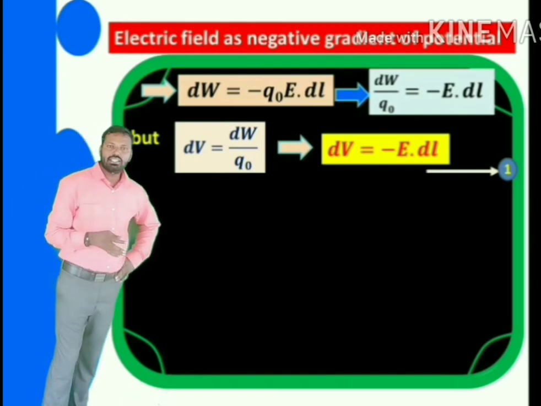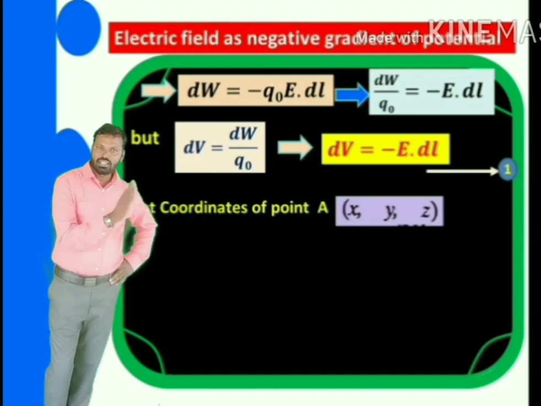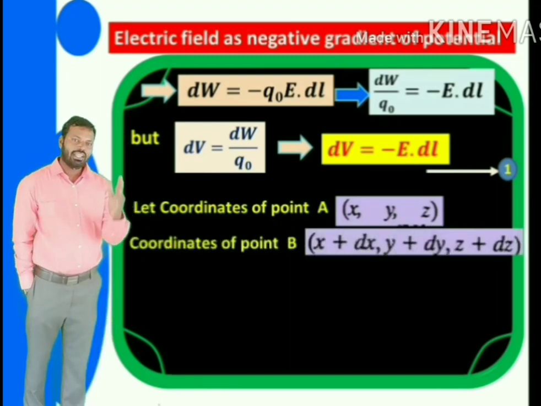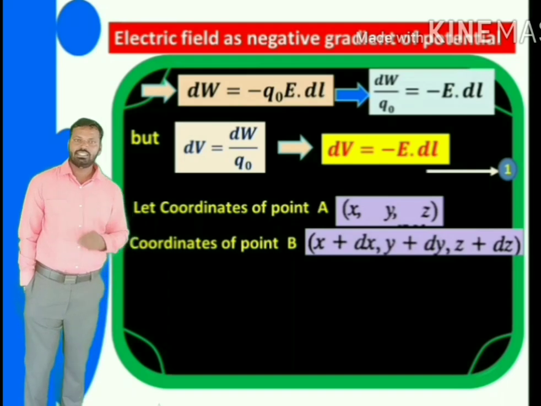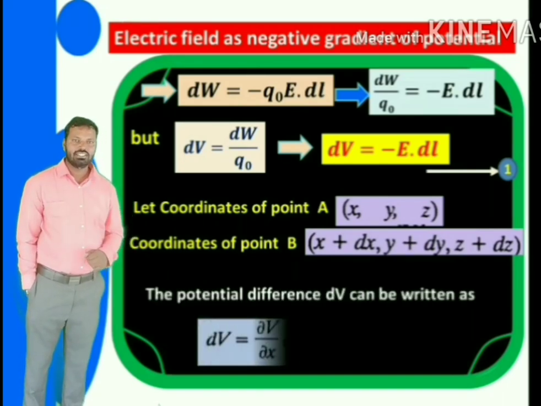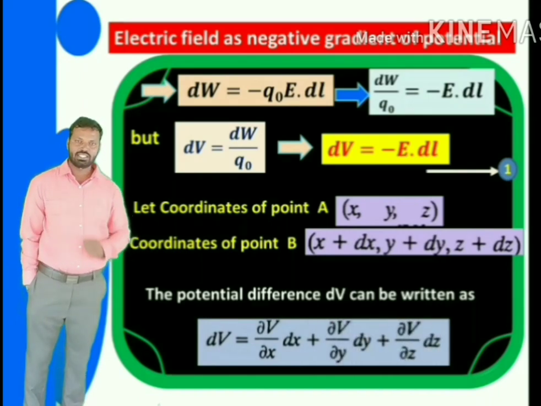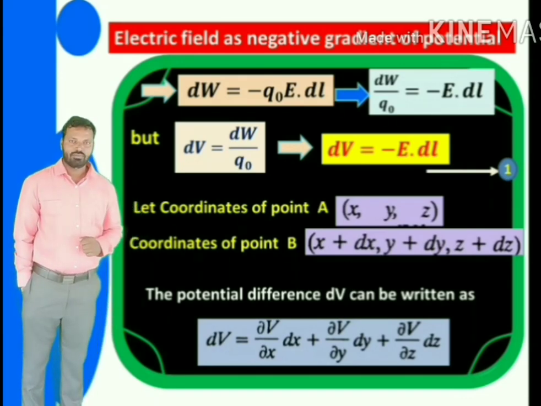Let us consider the Cartesian coordinates of point A are x, y, z. Similarly, coordinates of point B are x plus dx, y plus dy and z plus dz. Then the potential difference dV can be expressed as dV is equal to dou V by dou x into dx plus dou V by dou y into dy plus dou V by dou z into dz.